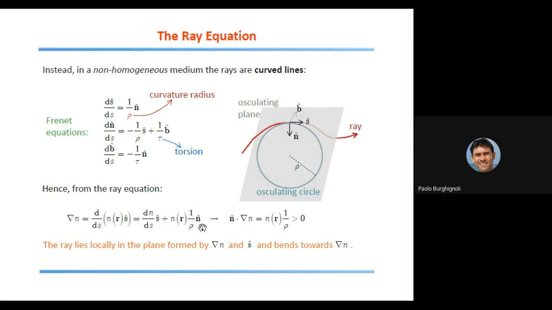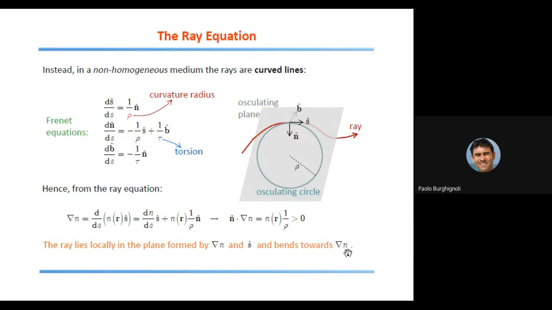And this tells us, first, that the ray lies locally in the plane formed by the gradient of n and s. Second, if you project this gradient onto the unit vector n, you will discover that this projection, which is the ratio between the refractive index and the radius of curvature, is a positive quantity. This means that your ray bends towards the gradient of n.